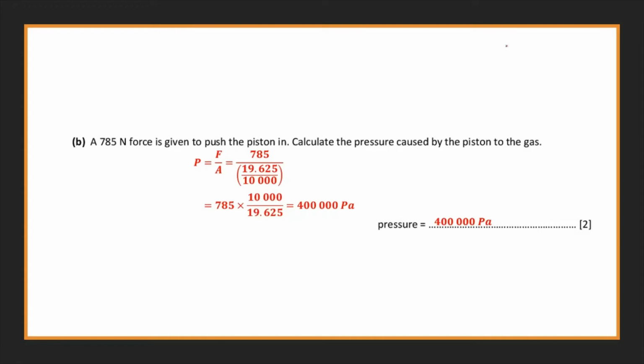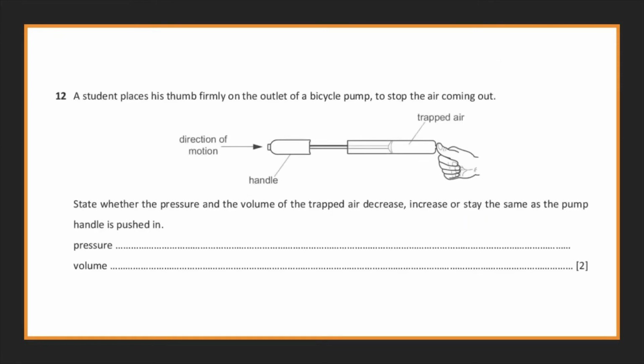Now, we are going to discuss the last number in this worksheet, which is number 12. A student places his thumb firmly on the outlet of a bicycle pump to stop the air coming out. State whether the pressure and the volume of the trapped air decrease, increase, or stay the same as the pump handle is pushed in.